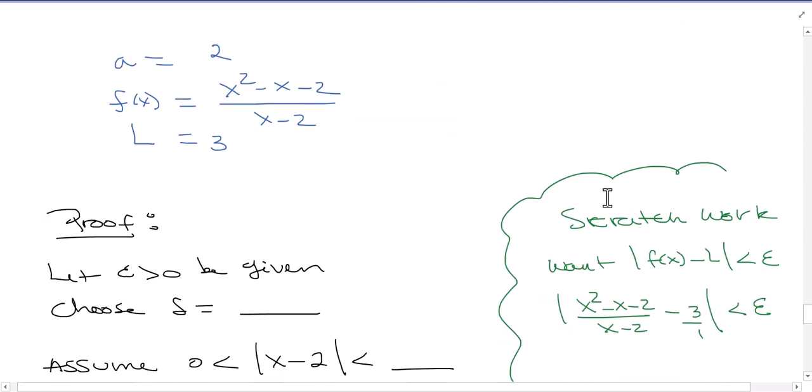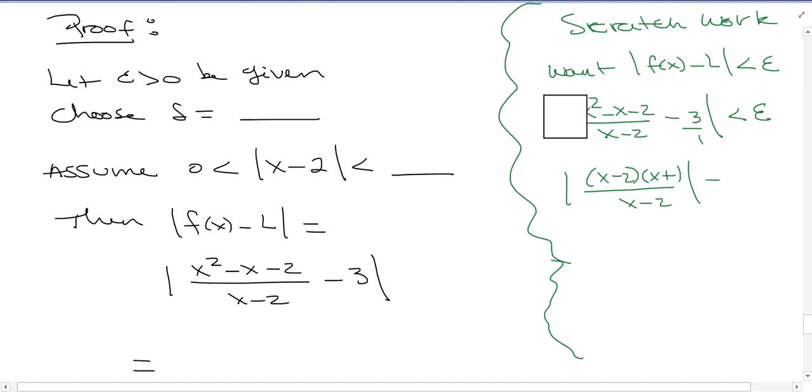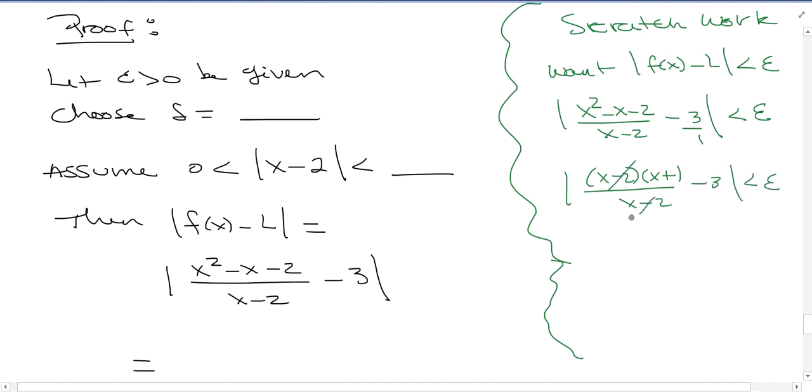Instead of making extra work for myself, I'm just going to reduce it. I know this factors into x minus 2 times x plus 1 over x minus 2, and I have minus 3 less than epsilon. These cancel, so I have the absolute value of x plus 1 minus 3 less than epsilon. And this becomes the absolute value of x minus 2 less than epsilon.